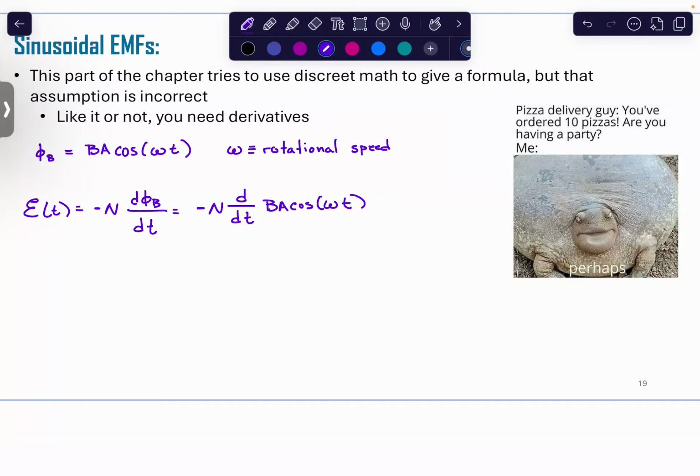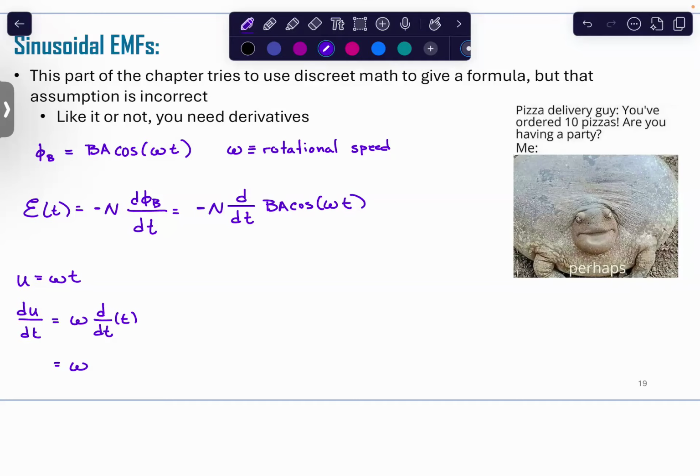So you have to use a process called U substitution. The way we do that is we say that we're going to have u equals that whole omega t. So the derivative with respect to t of t is just 1.